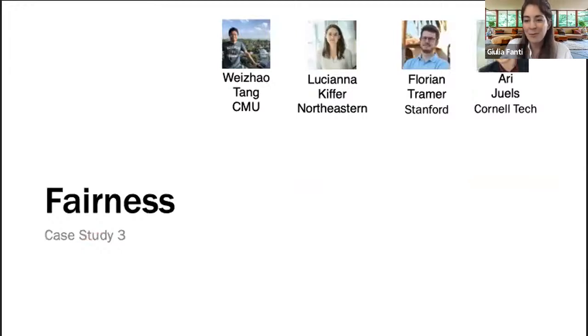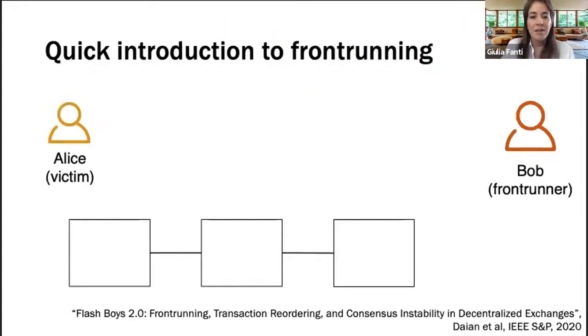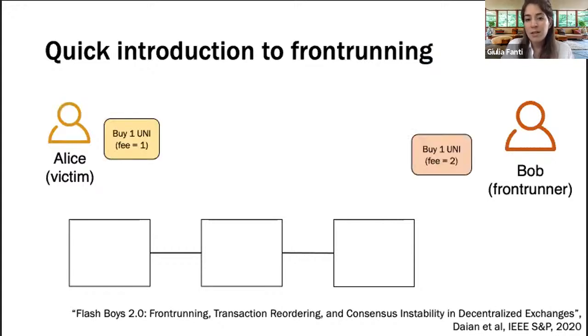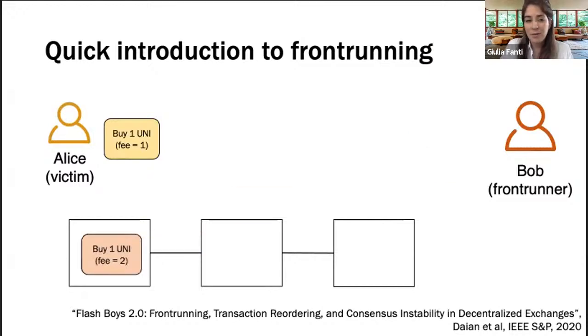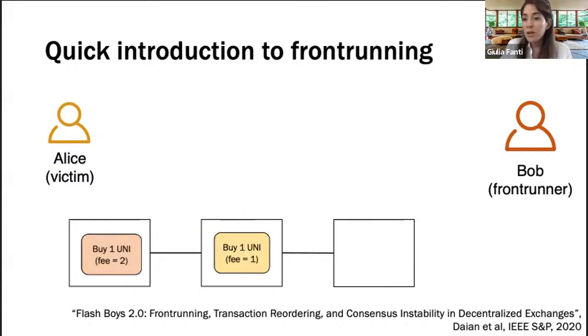I'll just spend like 2 minutes on fairness for the sake of time. So the problem with fairness is that front running is a big issue in blockchains. So the idea is that miners or users of distributed financial systems can use observations of each other's transactions to basically game the system.